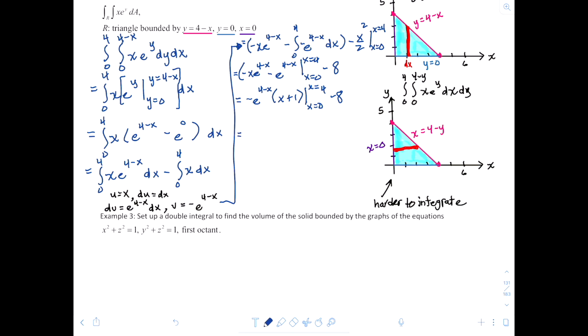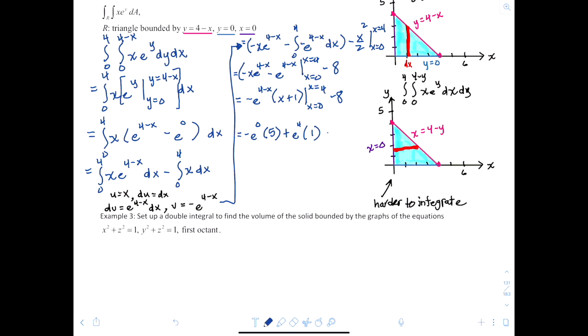So we will get negative e to the 0, because 4 minus 4 is 0, times 5. And then minus a minus is plus. And then when I plug in 0, I'd get e to the 4th times 1.